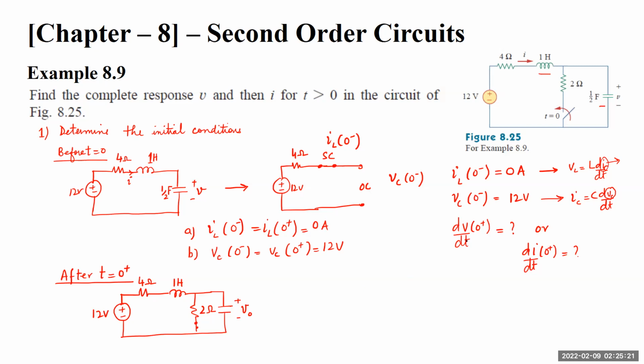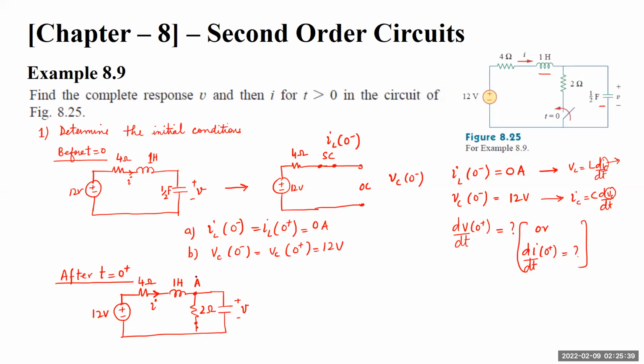So now the switch has been closed. What will be the value of dV/dt, or if we have to find di/dt? This is the current that is flowing, and this is the voltage V which we are concerned with, not V naught. Let's try to solve this.